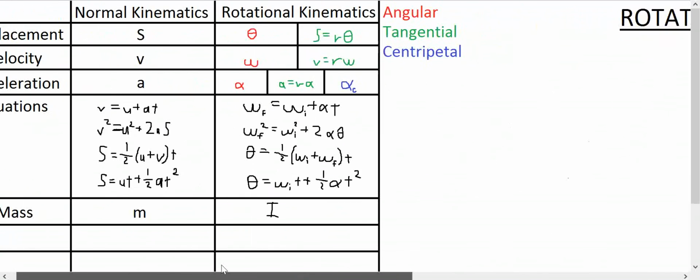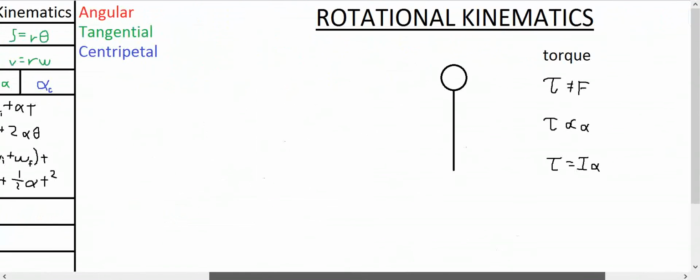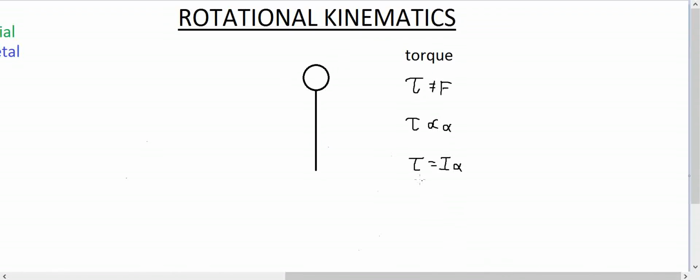I is not mass itself, but something about mass. So I stands for moment of inertia. And tau is supposed to fulfill this equation, but what is it?